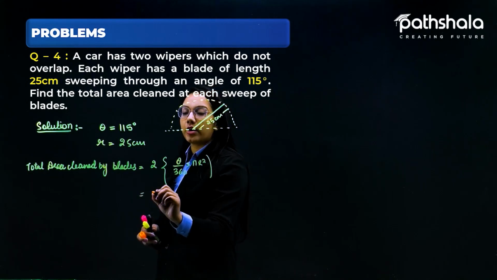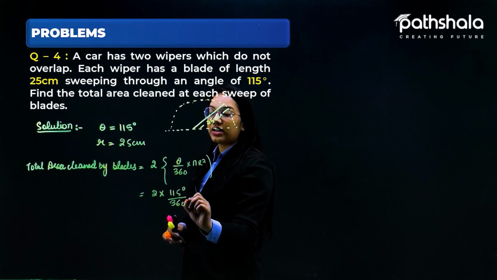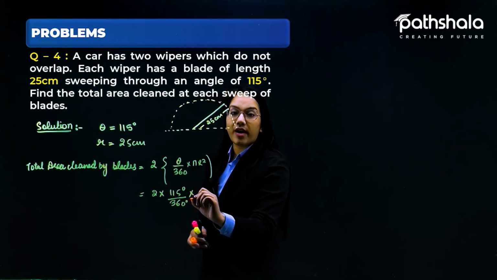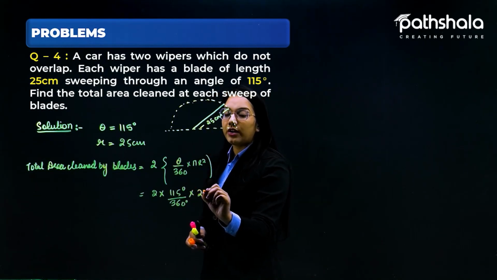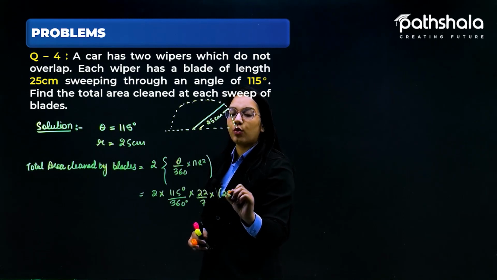So this would be twice of theta, where theta is 115 degrees, divided by 360 degrees, into pi. Let us use pi as 22 by 7, and the radius is given to us as 25, whole square.